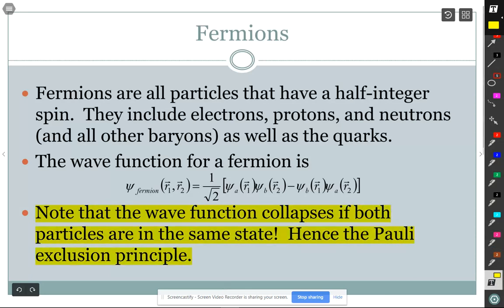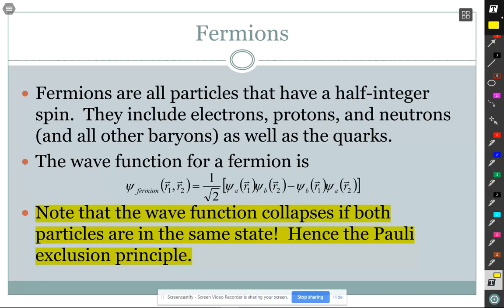Note that the function collapses if both particles are in the same state. What we mean by collapse is, if I have particle 1 in state A and particle 2 also in state A, then I have psi sub A(r1) psi sub A(r2) minus psi sub A(r1) psi sub A(r2). That's just 0.